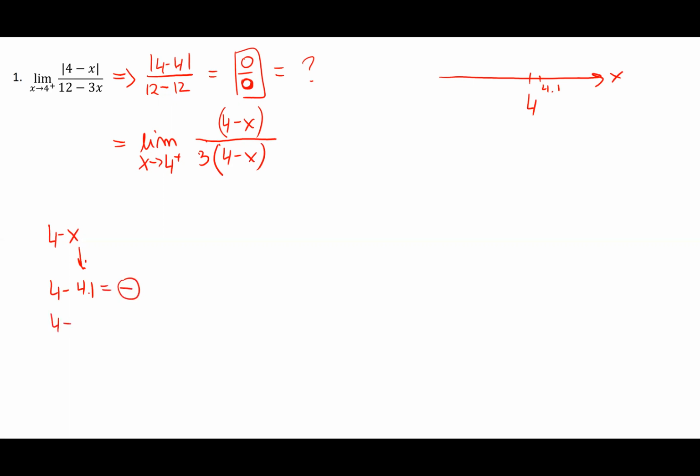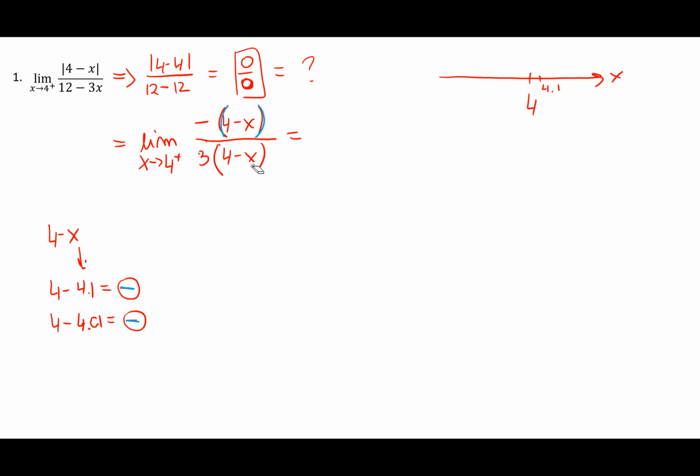And even if I take a number closer, 4.01, I still have a negative number. That means the entire quantity, the blue one, is negative. It's a negative quantity. Then I will put an extra negative.